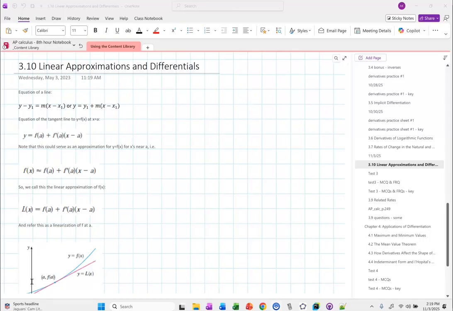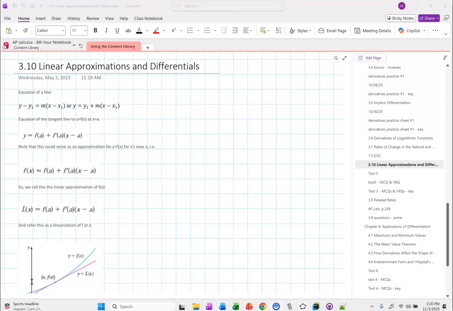A linear approximation is just a tangent line. That's it. That's all it is. You might as well call it a tangent line approximation. So if I want to make a linear approximation to a curve at a specific point, I'm just going to find the tangent line to the curve at that point, and then plug in whatever value of x they want me to find the approximate y for.